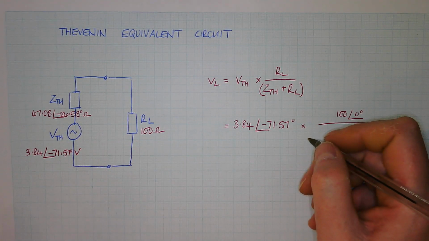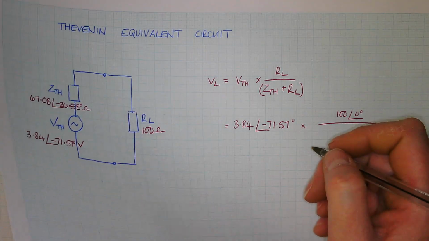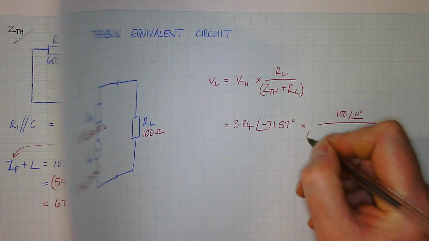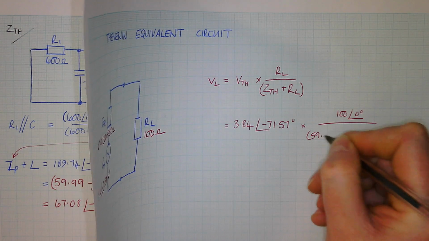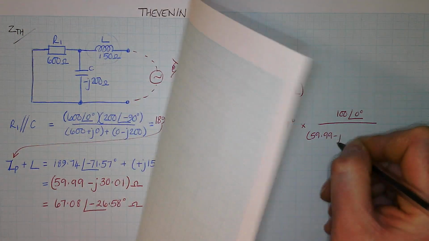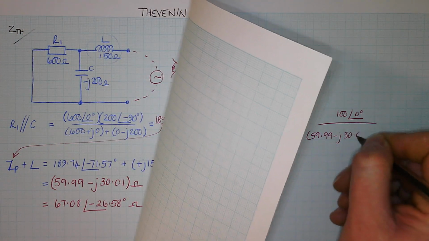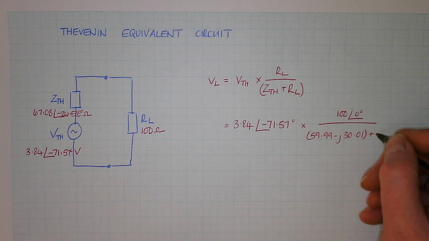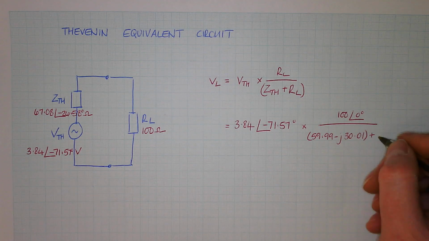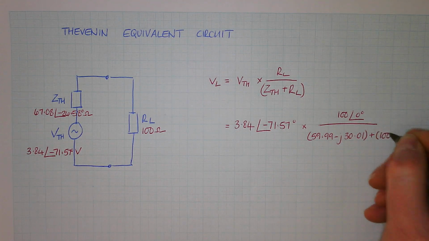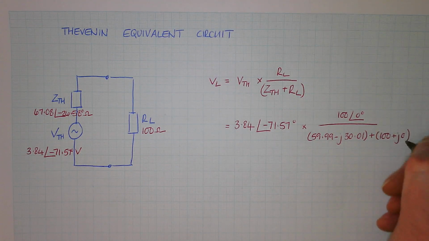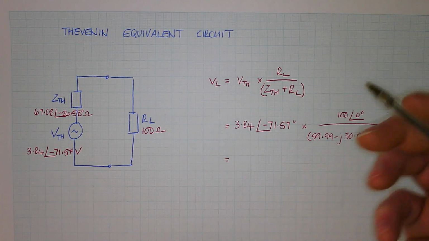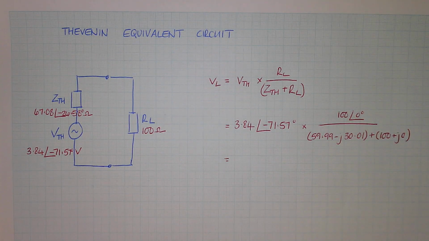Your Z Thevenin in rectangular form is 59.99 minus J30.01. And your RL in rectangular form becomes 100 plus J0. So now go through the steps to reduce that and get the value of the voltage across your load.